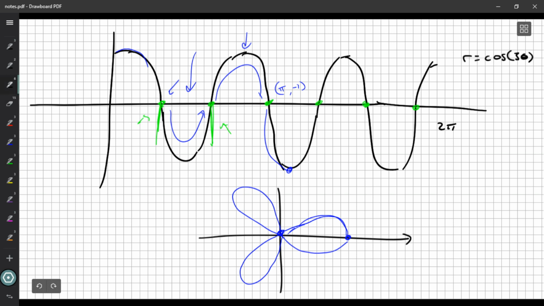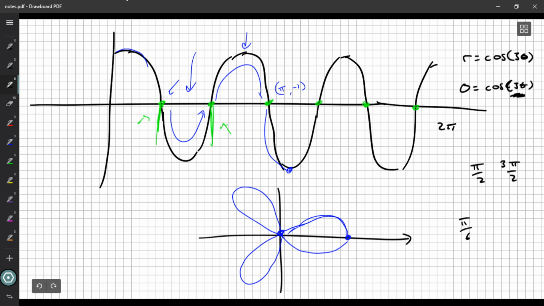So where does this happen? Well, where does r equal 0? So if cos 3 theta is equal to 0, when does that happen? Well, normally cosine is 0 at things like pi by 2 and 3 pi by 2. But we need to deal with cos 3 theta, so divide these by 3.